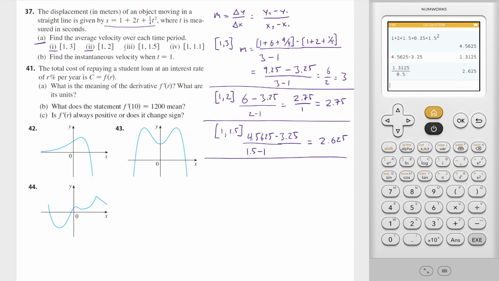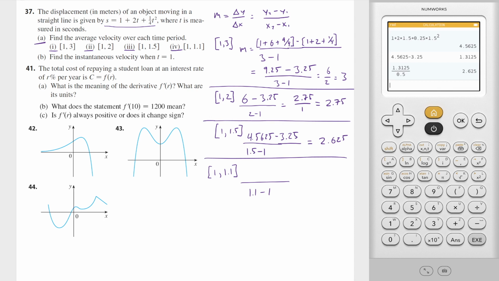So that was part 3, and now we're going to do part 4. And so that's find the average velocity on the interval 1, 1.1. Okay, so in the denominator, I have 1.1 minus 1, and in the numerator, let's plug it in.